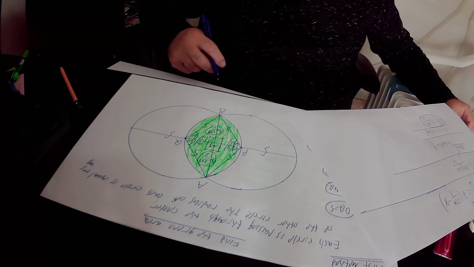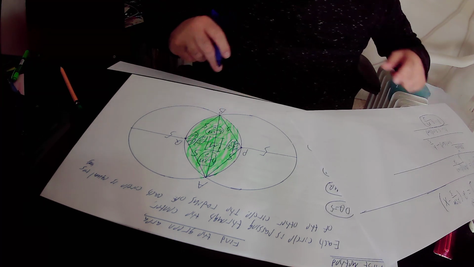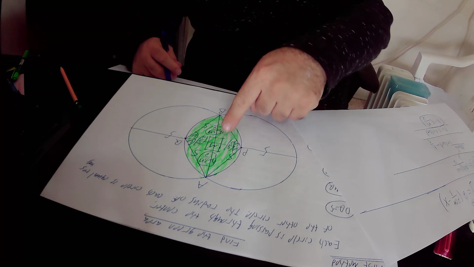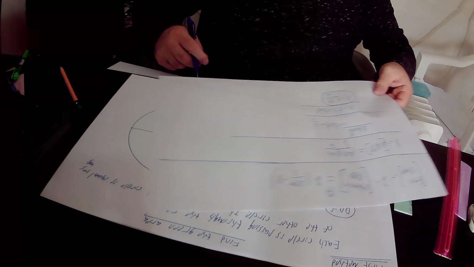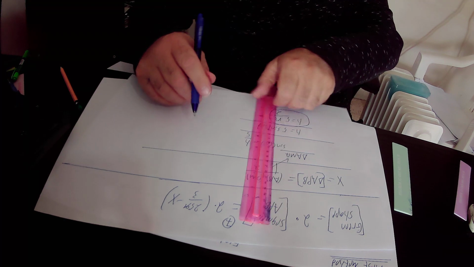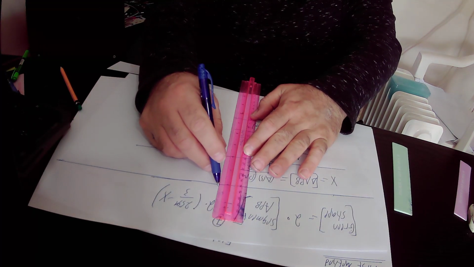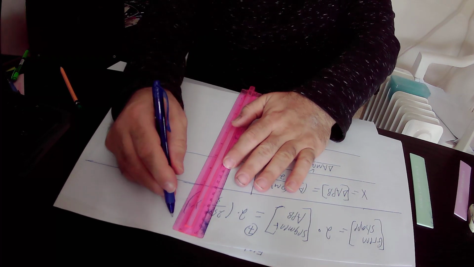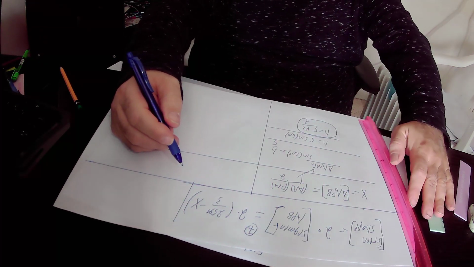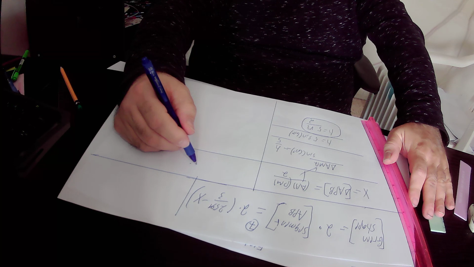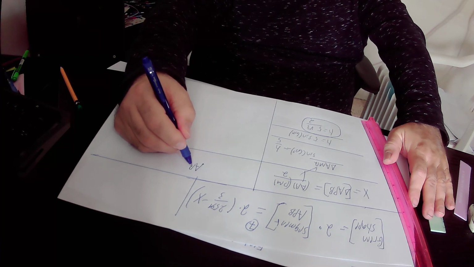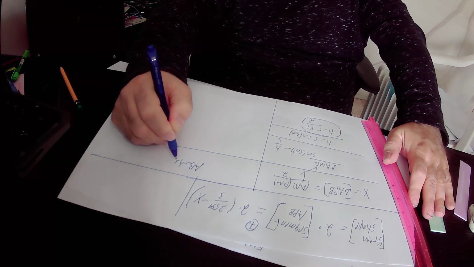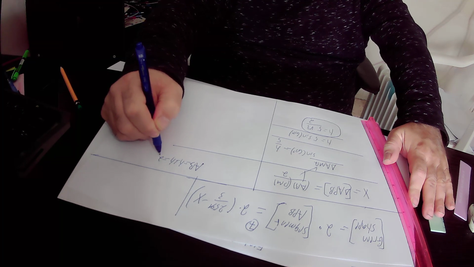But as you can see from the drawing, AB equals H plus H, that is to say AB equals 2H.